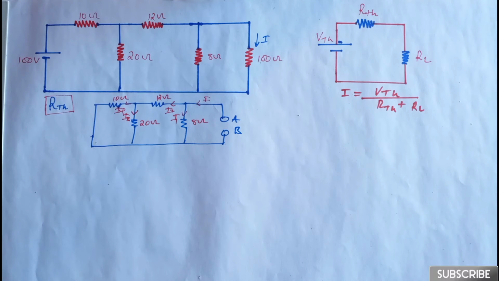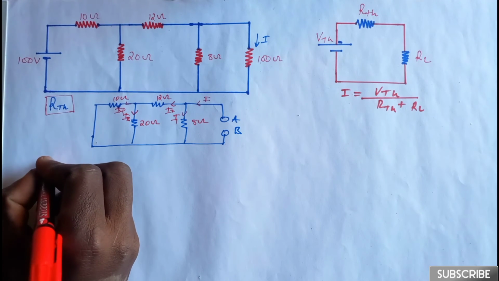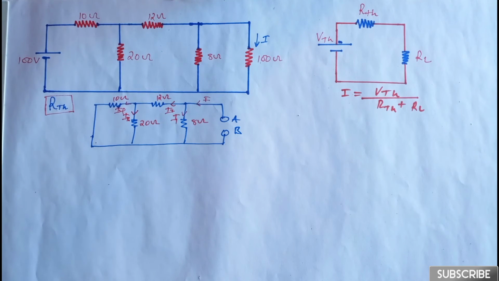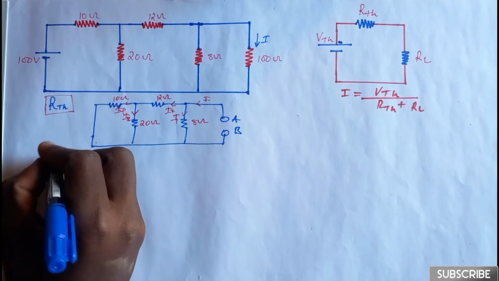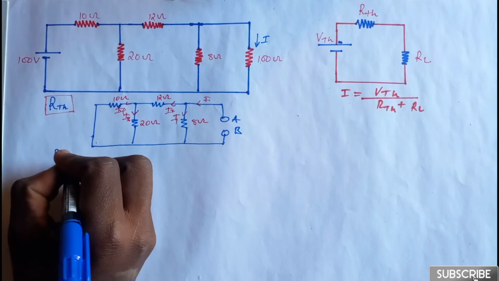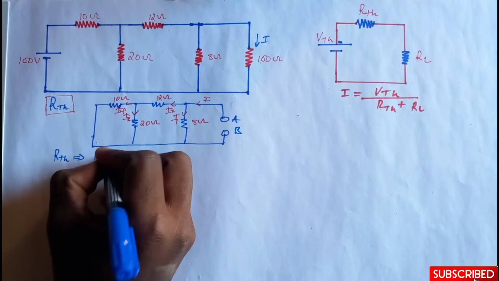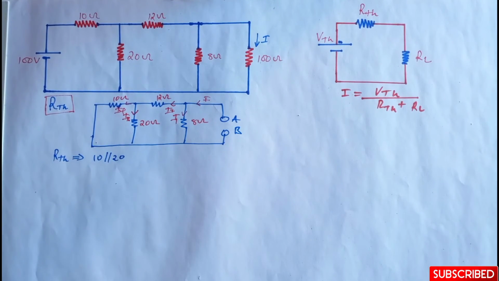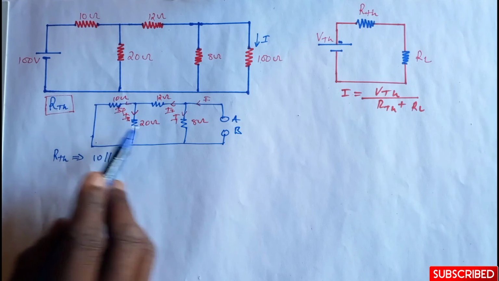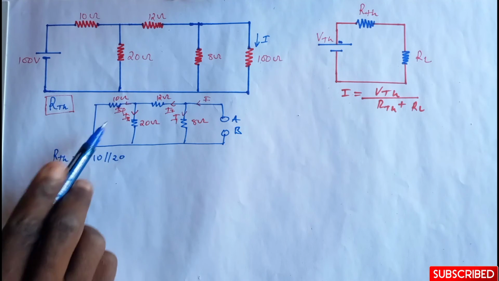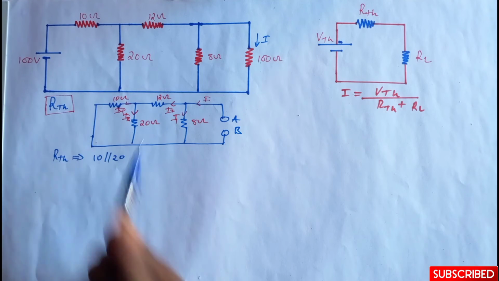Now we're going to say Thevenin's resistance, RTH, is going to be: we said the 10 ohm resistor is in parallel with the 20 ohm resistor. But these two resistors are in series with the 12 ohm resistor, because if we add these currents, we get I2.